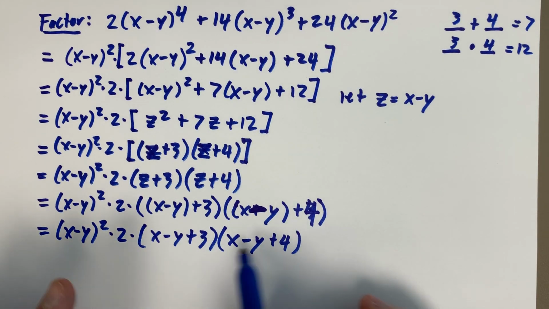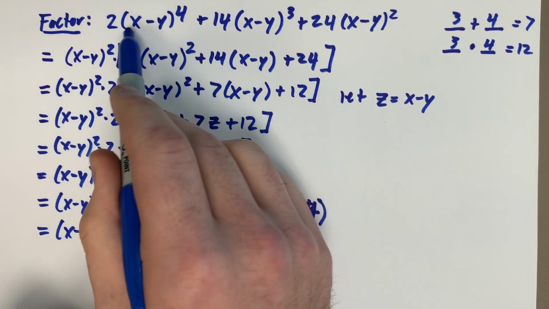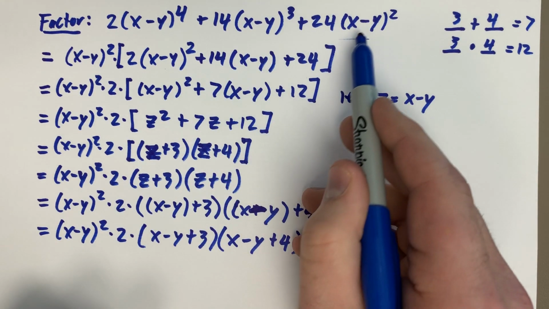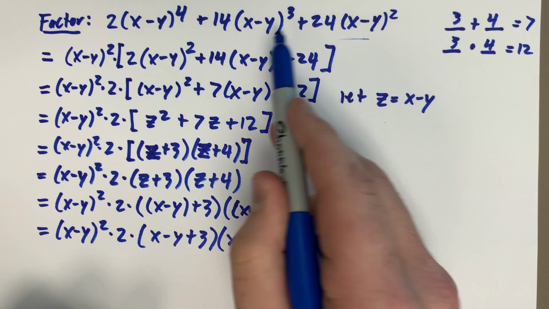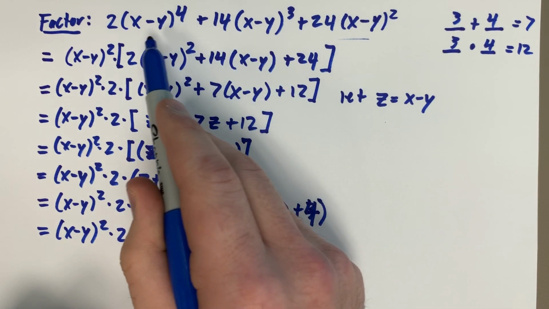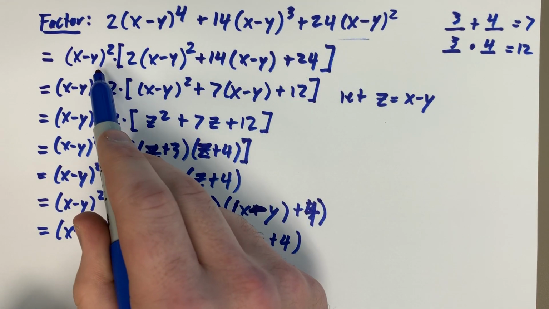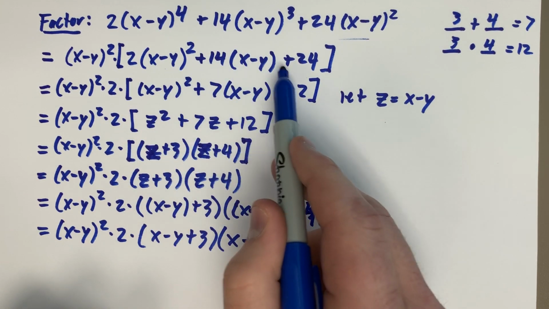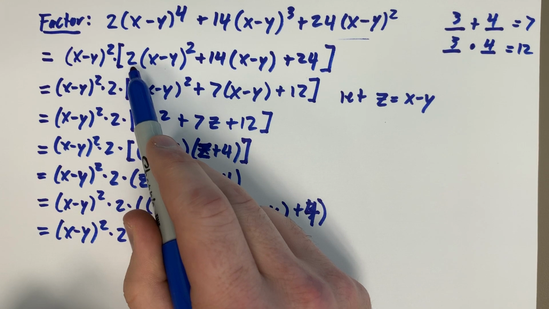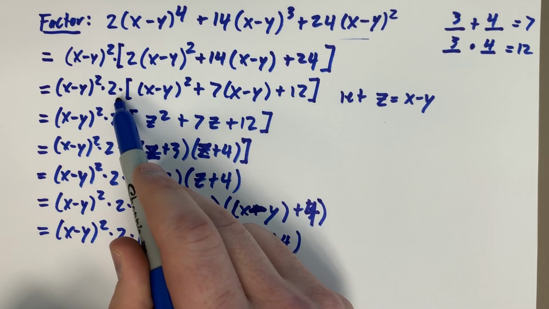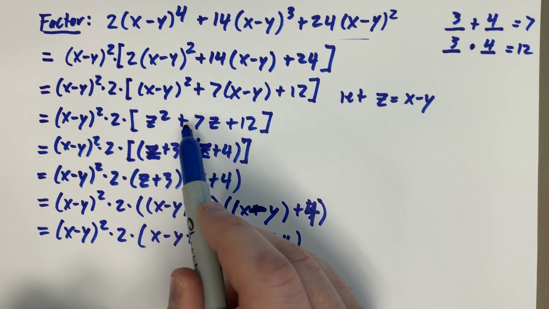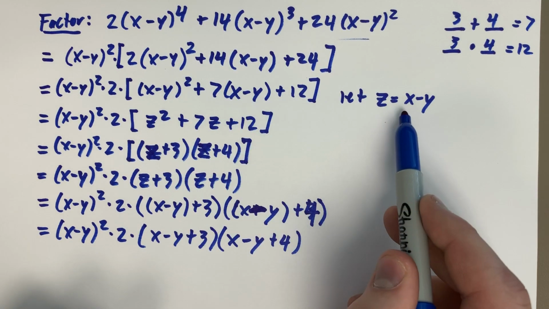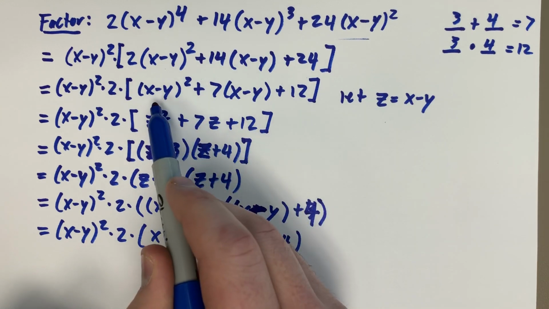So what we have here is a perfectly factored version of this massive expression. And all we did was we first factored off the x minus y squared because there was an x minus y squared in common across all of the terms. So that's the first step. Then we also factored out a 2 from everything because we saw that 2 divides 2, 14, and 24. So we pulled the 2 out. And then we found that we almost have a quadratic, so we just needed to substitute z for x minus y.